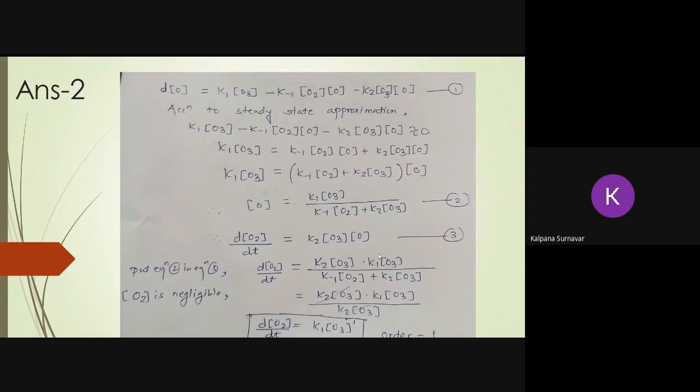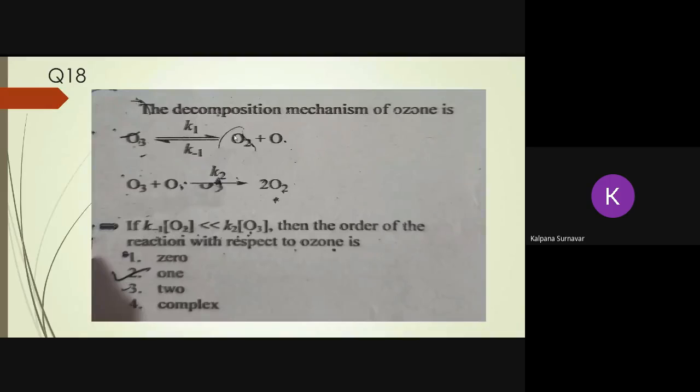See, O2 is intermediate here in the first step. O3 gives O2 plus oxygen, and in the last equation O3 plus O again gives 2O2. But this intermediate formed, which is O2, is less as compared to the initial O3. Here, K minus 1 into concentration of O2 is very, very less than K2 into concentration of O3.